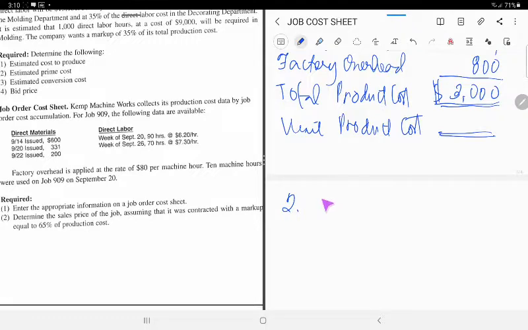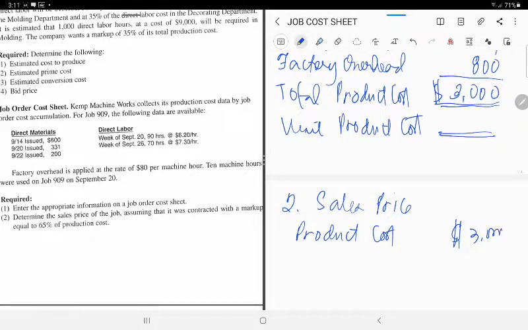How much is the sales price? If we have a product cost of 3,000 and a markup of 65%, compute.